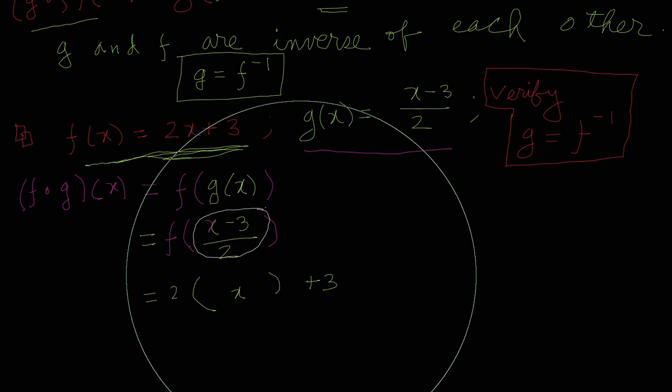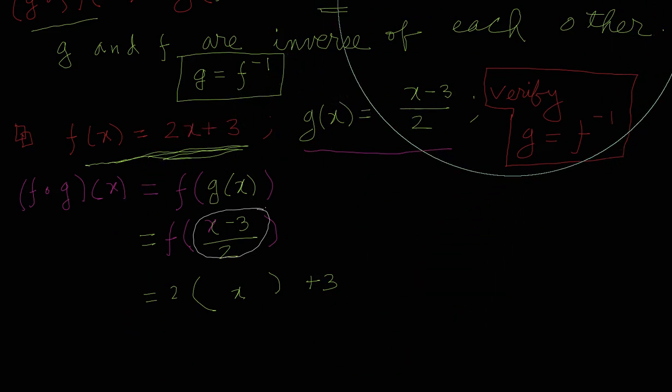So let me erase this, and now let's write down what here? x minus 3 over 2. So let us see what is happening now.